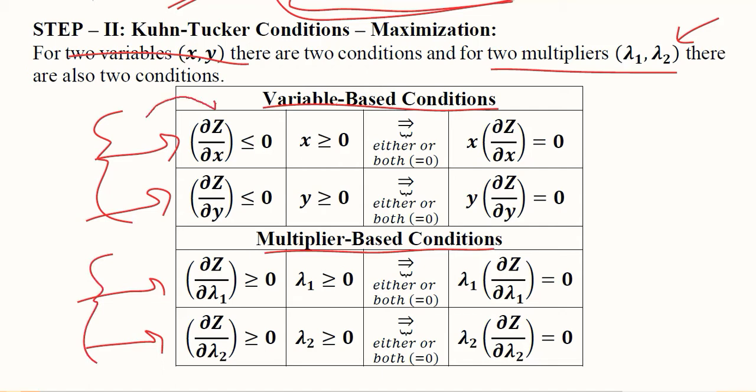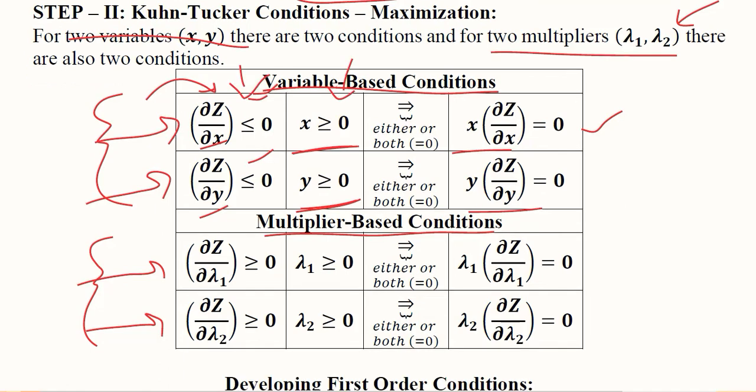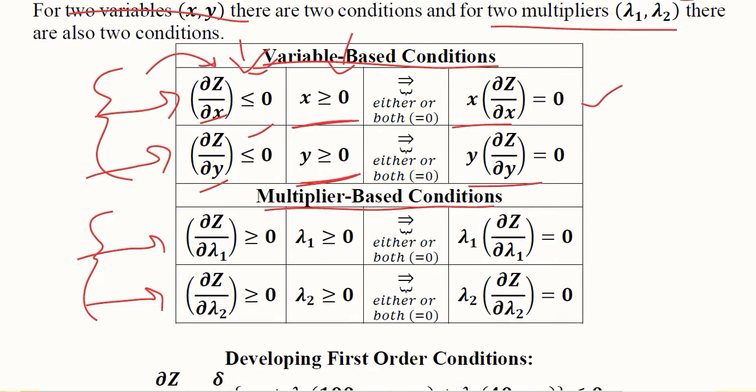Simply we have to differentiate the Lagrangian function with respect to the first independent variable and then the second independent variable, the answers of which should be less than or equal to 0 as per the required condition. And then the non-negativity of those two variables is mentioned as we did before, and their product will be equal to 0, if either of them is 0, that is the first term, that is the derivative, or the non-negativity values.